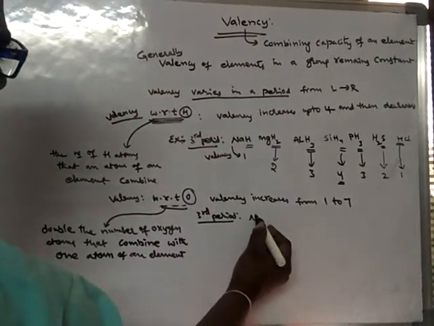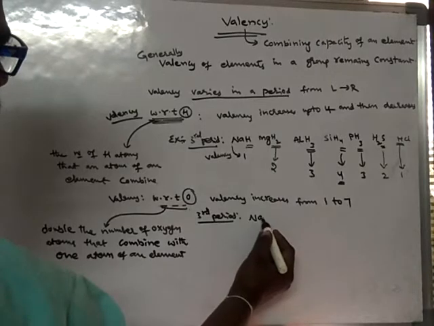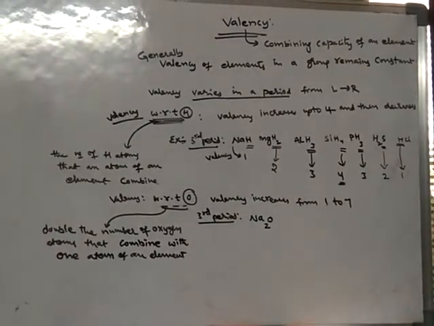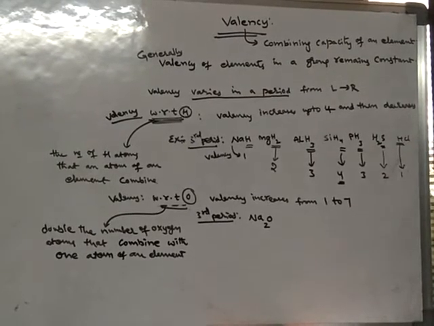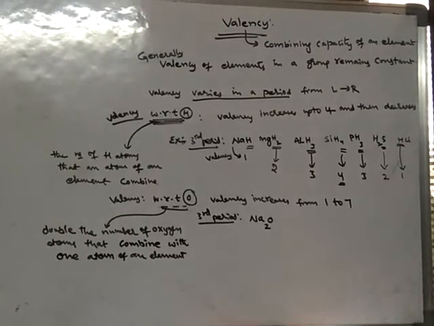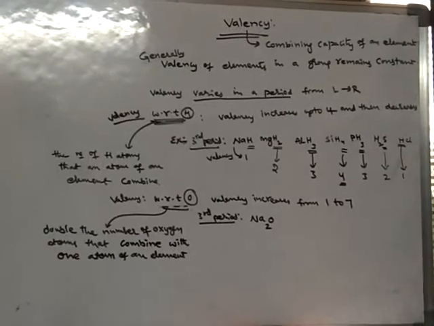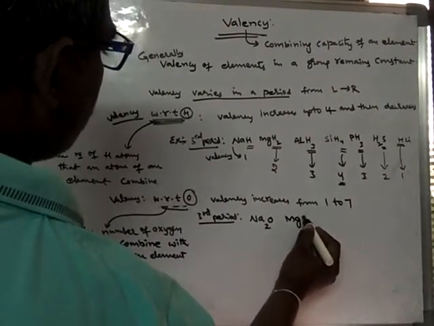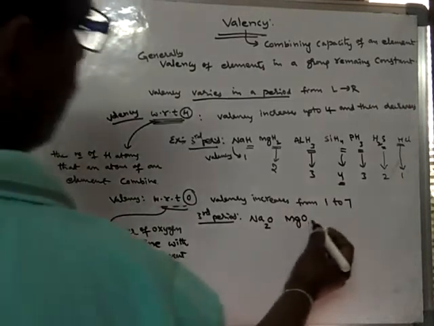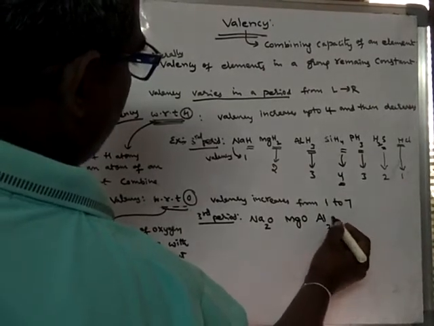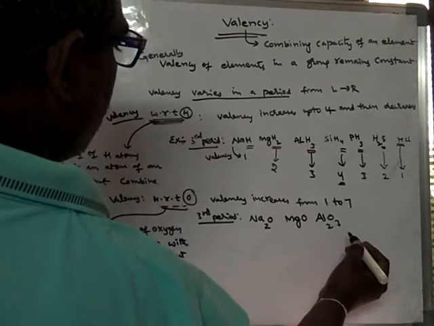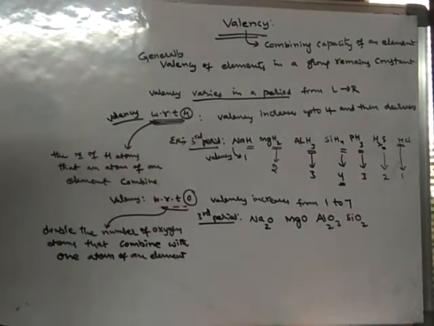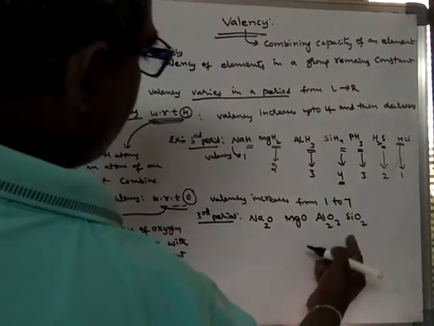Sodium will form sodium oxide. Magnesium oxide has the formula MgO. Aluminium oxide is Al2O3. Silicon dioxide is sand.